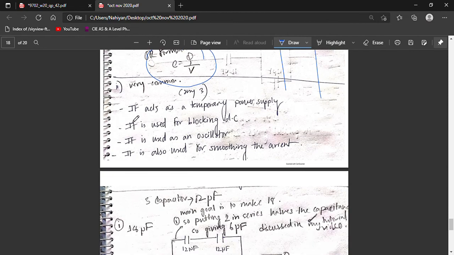So if you look at the answers, it acts as a temporary power supply. It is used for blocking DC, and it can be used as an oscillator. As I said before, it can also be used for smoothing the current, usually in rectifiers.